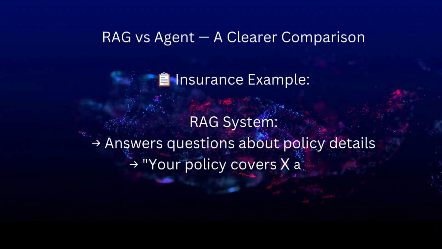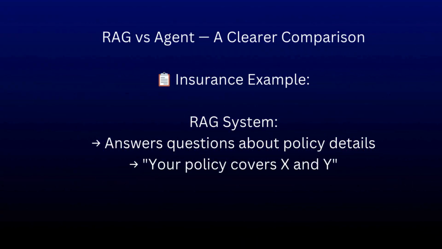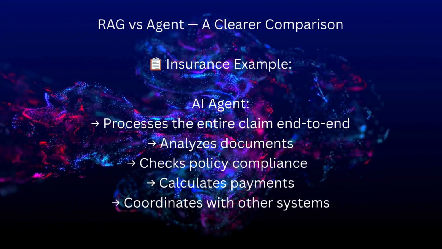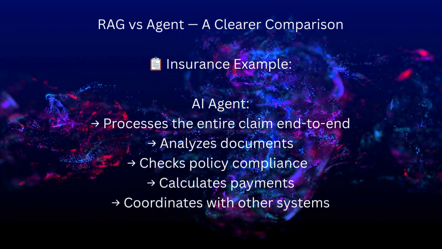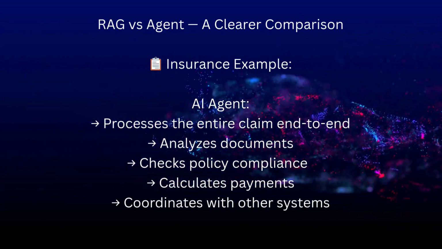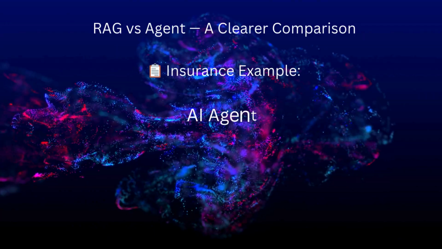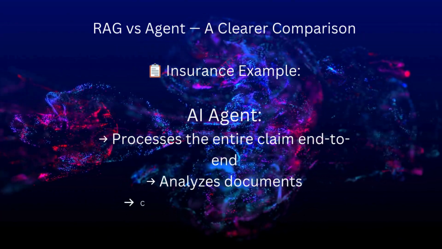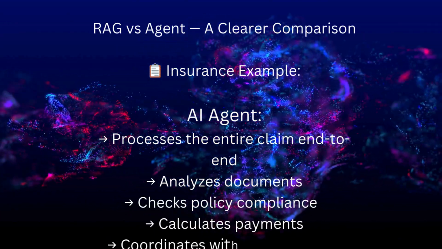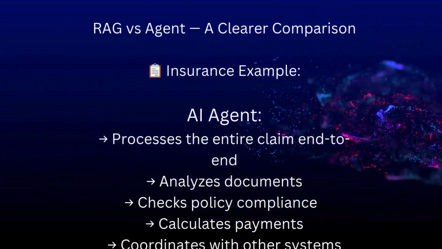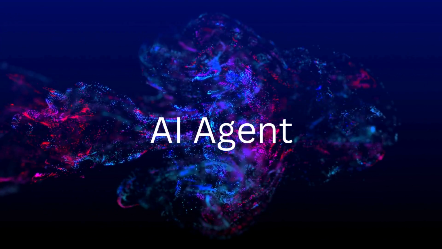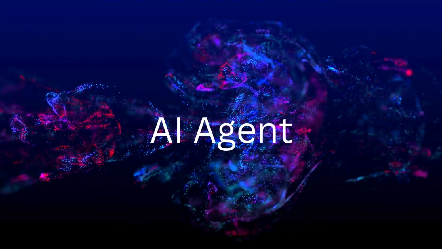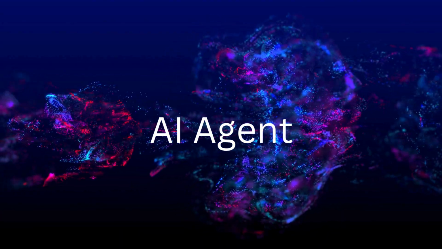That is useful, but an AI agent could actually process an entire insurance claim from end to end, analyzing the submitted documents, checking whether the claim meets policy requirements, calculating how much should be paid out, and even coordinating with other systems or departments when needed. That is the power of an AI agent. It doesn't just inform, it executes.